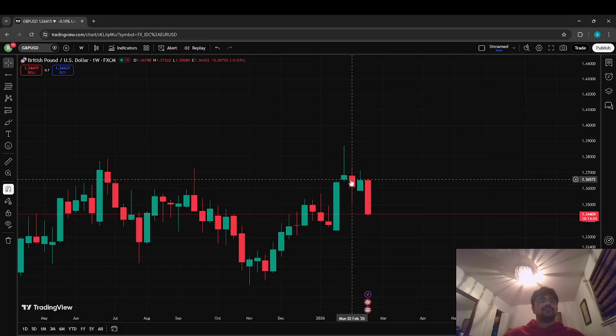A full closure below this candle. This candlestick is below this candlestick. There's a closure. Now, we can go see here that this green candle never closed above this red candle. So what does that tell us? That we are still in a downtrend.